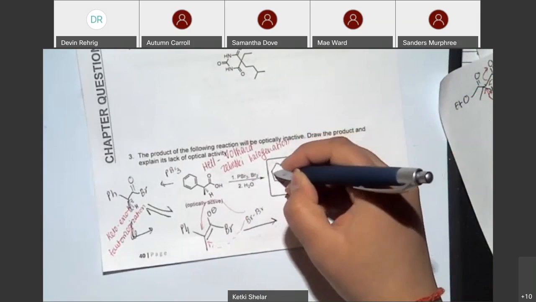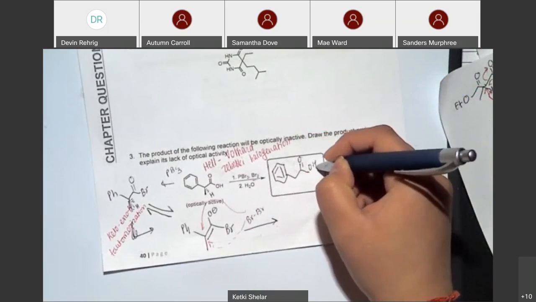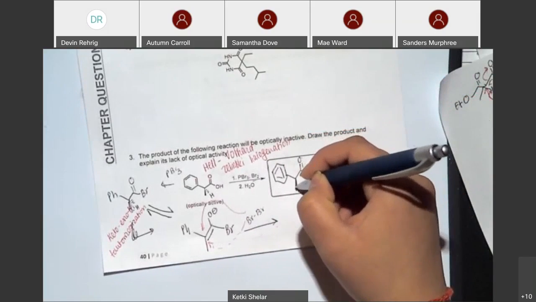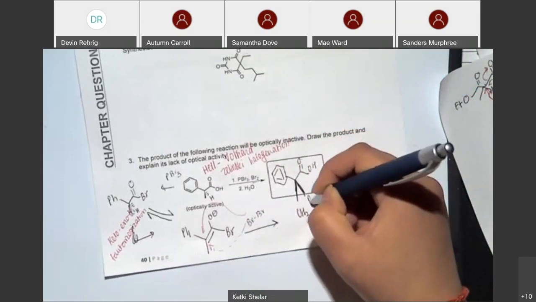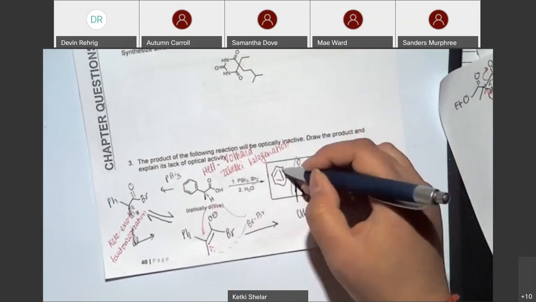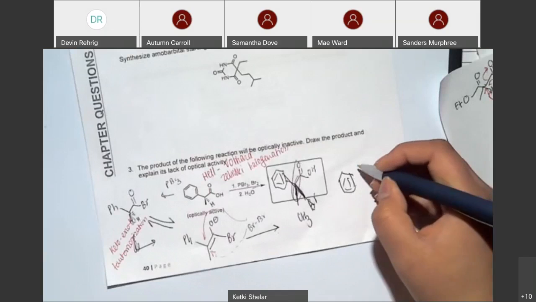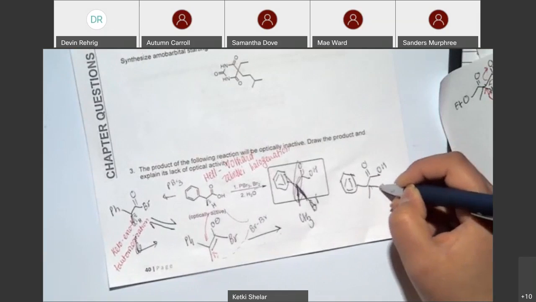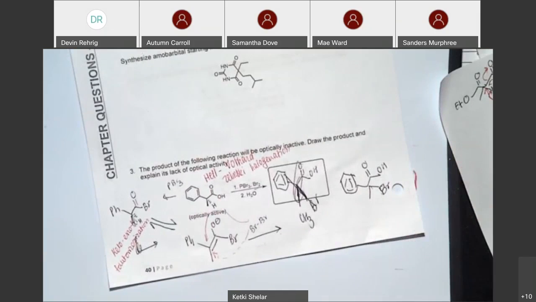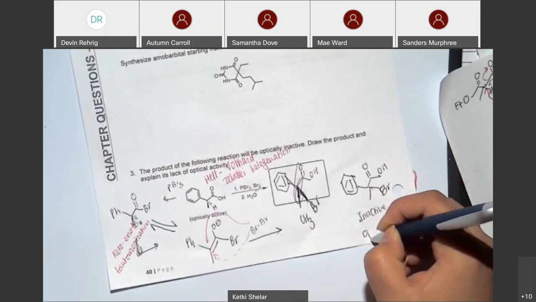So the product would be, oh, I'm sorry, that is CH3 and that is Br. There is no stereochemistry. Let me draw again. I bolded it and it looked like stereochemistry. So it's OH and there is this Br. Okay? And it's not optically active. I would say optically inactive.